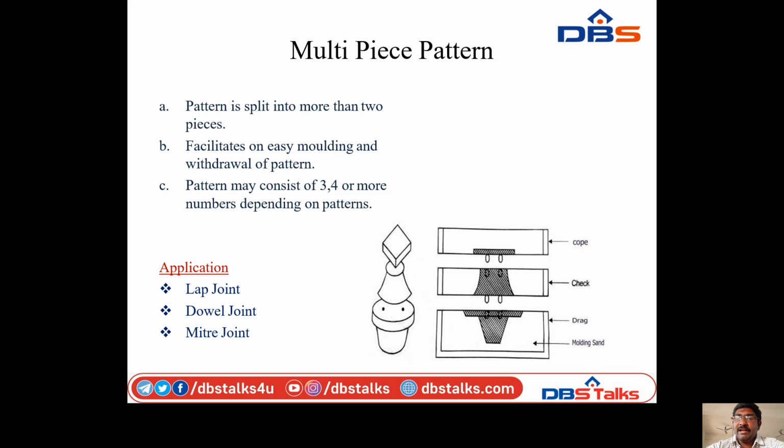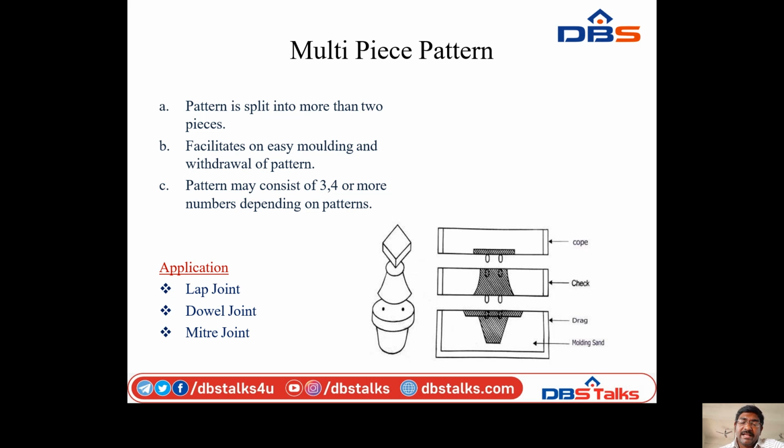Next, multi-piece pattern. The pattern is split into more than two pieces. In this pattern, if it consists of more than two pieces to make molding easy, then it is called a multi-piece pattern.